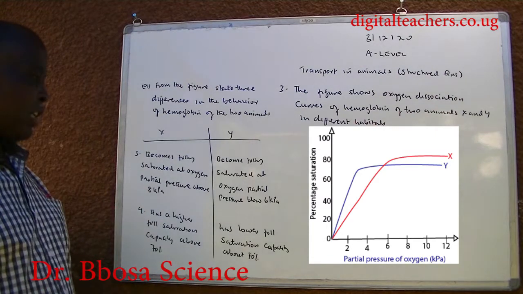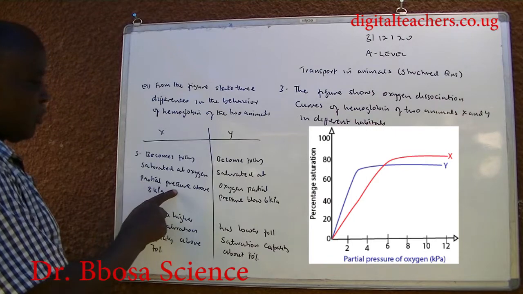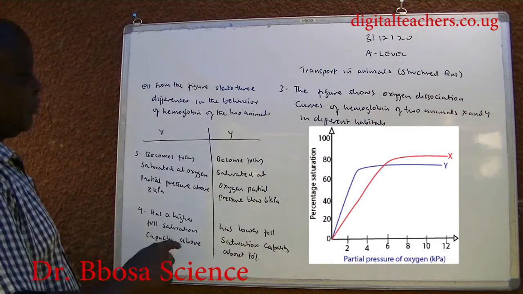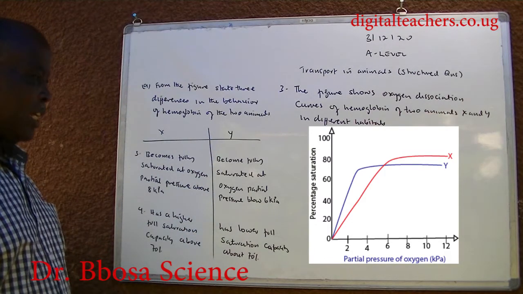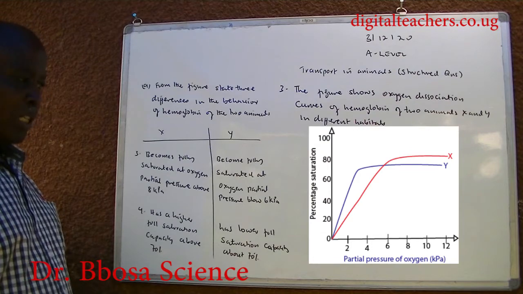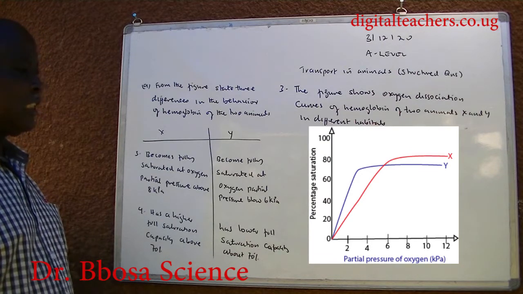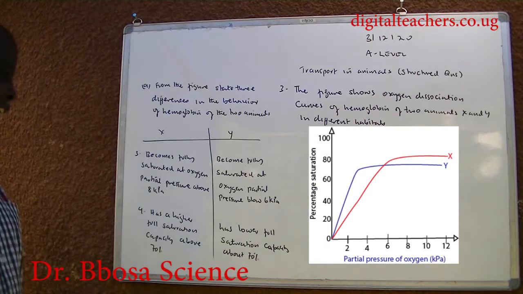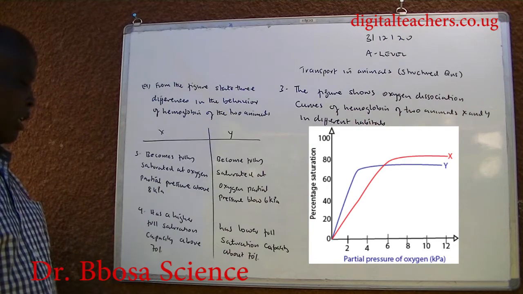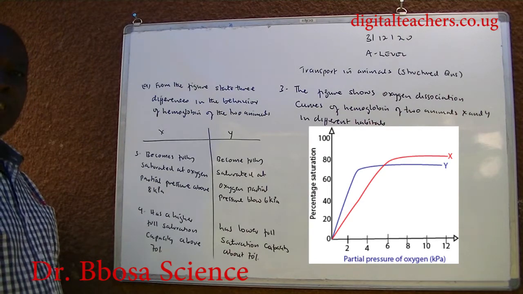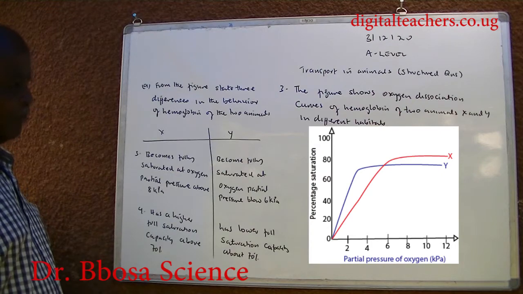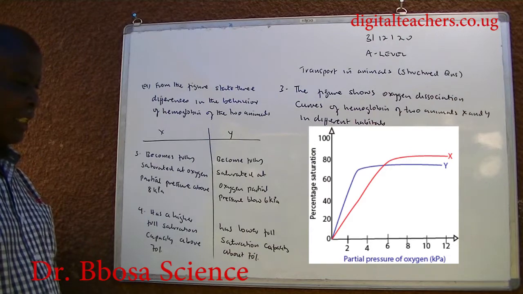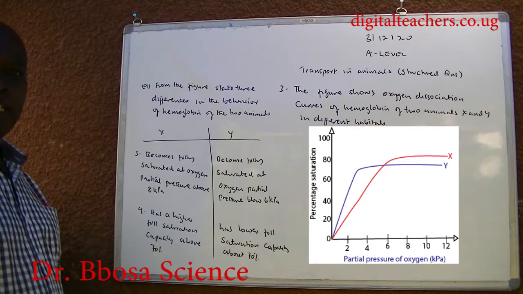X becomes fully saturated at oxygen partial pressure above 80 kilopascals, while Y becomes fully saturated at oxygen partial pressure below 6 kilopascals. 4. X has a higher full saturation capacity above 70%. Y has a lower full saturation capacity about 70%.